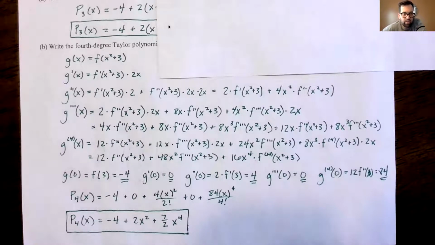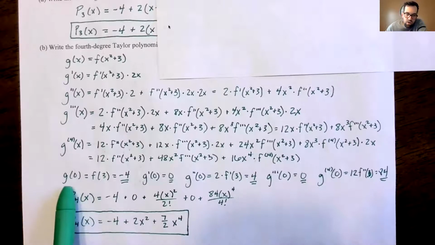So it was f prime of x squared plus 3 times 2x. Then I used the product rule and the chain rule to find the second derivative, and I did the same thing for the third derivative and the fourth derivative, which ended up being a ton of work, and you can take a look at all of that. That's on my page. Then I plugged in 0 for x, and that's what I did in one of these final lines down here.